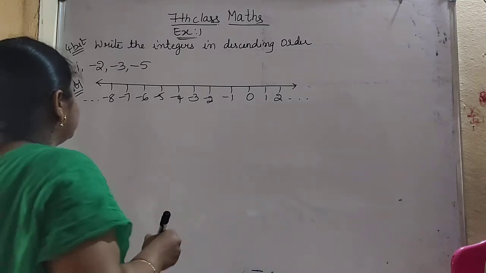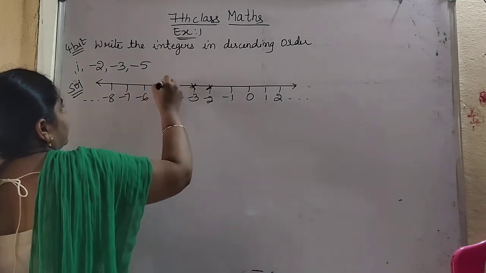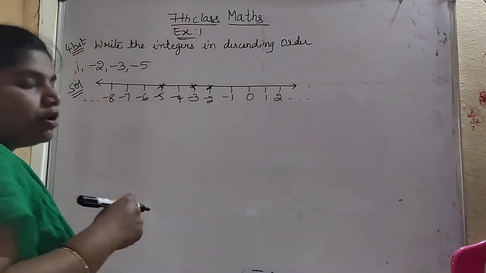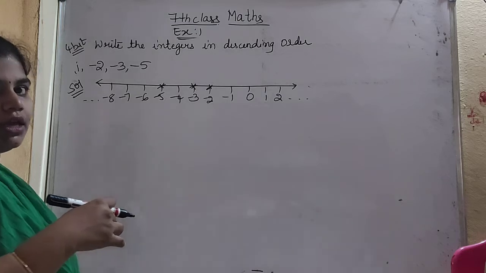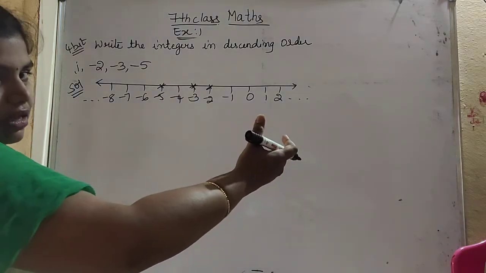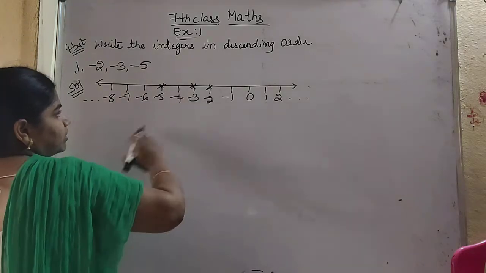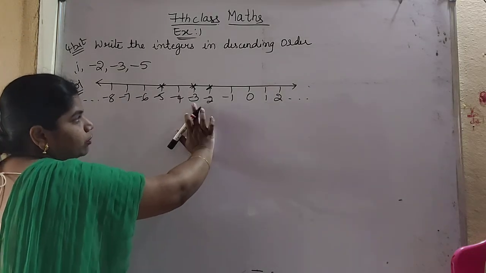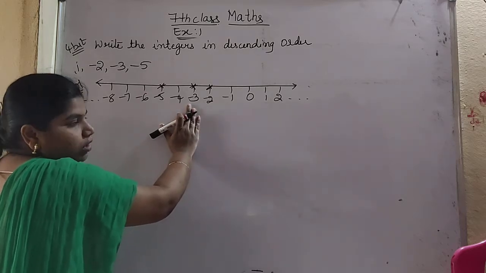Now mark the values. -2 is here, -3 and -5. Descending order means bigger to smaller number. Already I told you that the numbers which are lying on right side will be bigger values and left side values will be smaller. -2 is on right side of -3, so -2 will be bigger and -3 will be smaller.